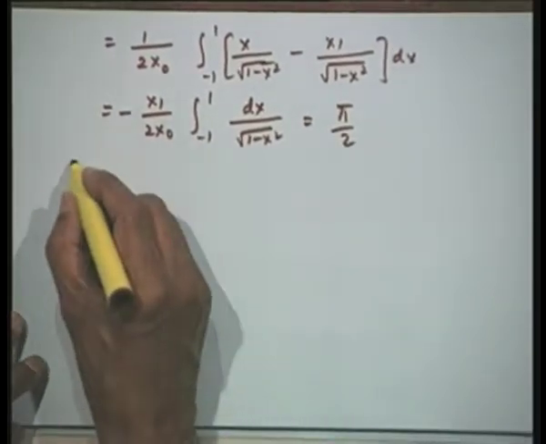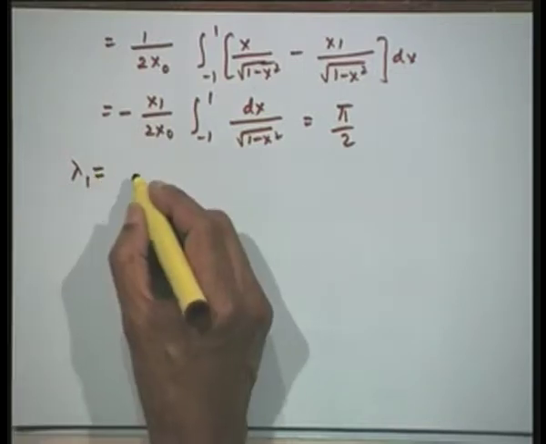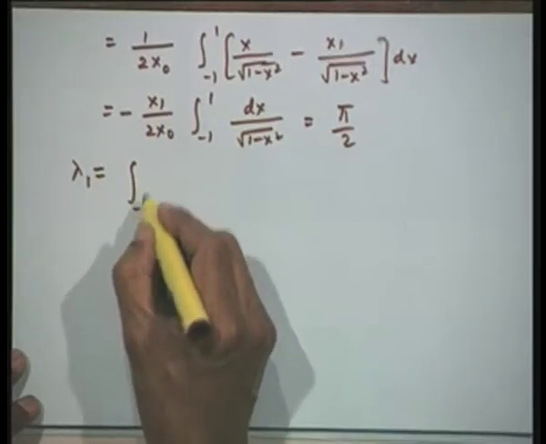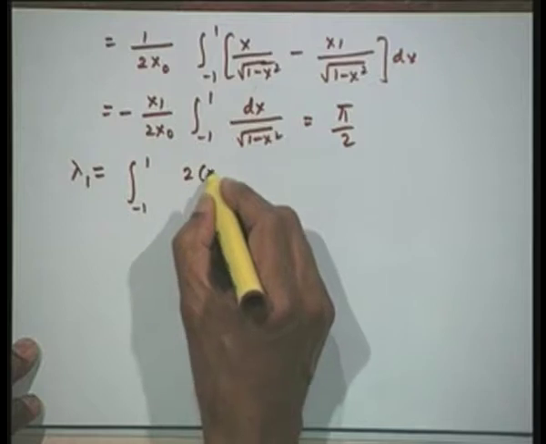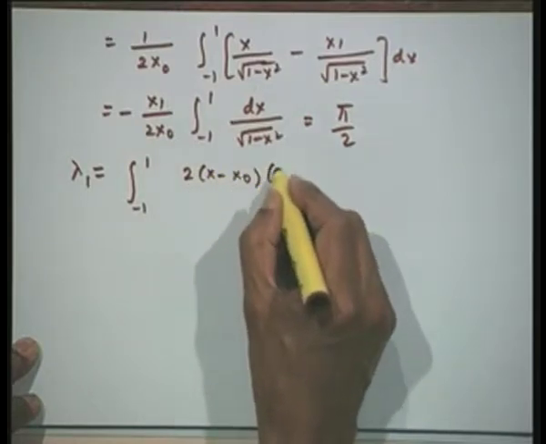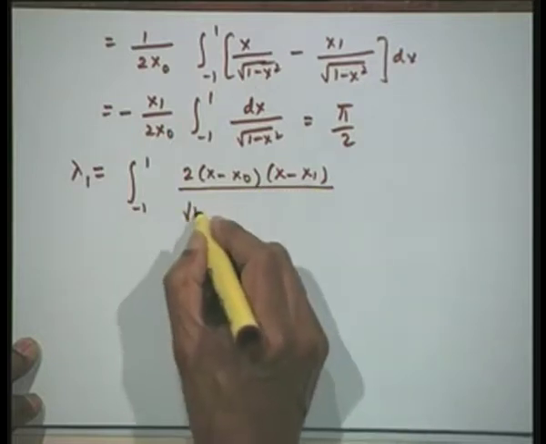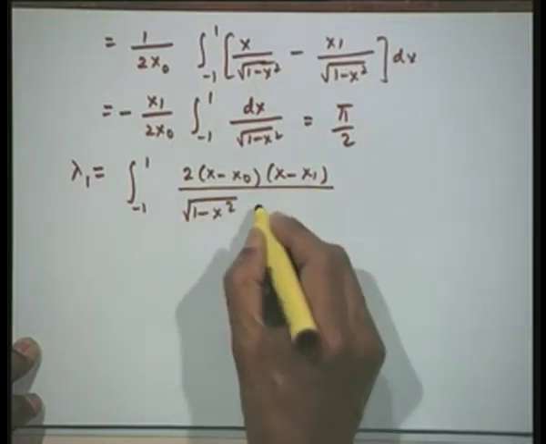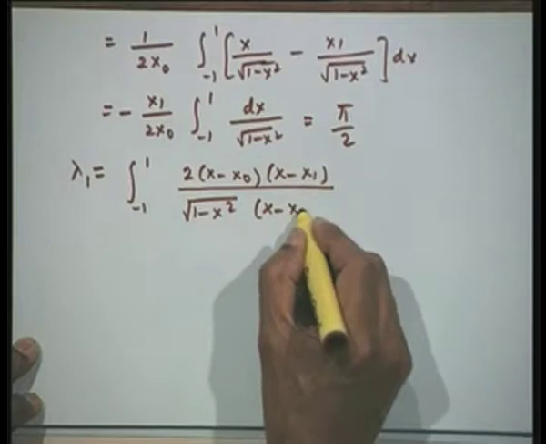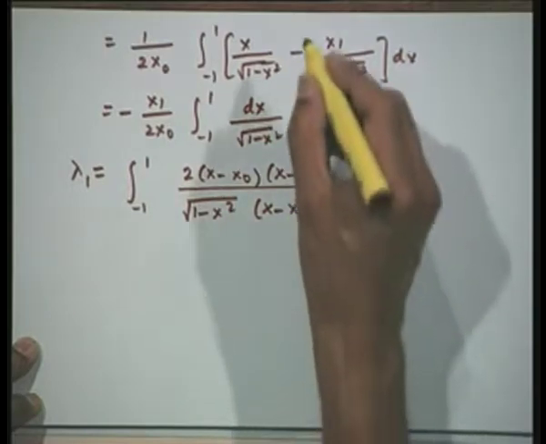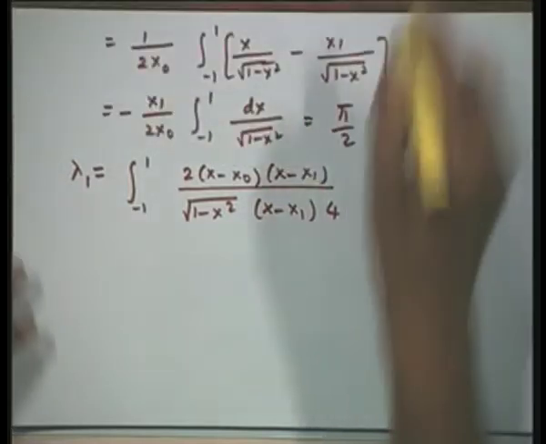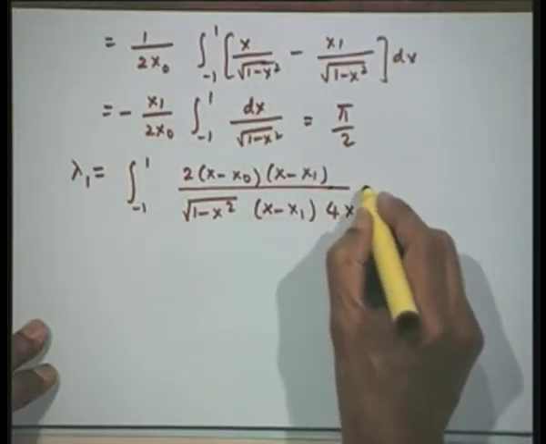Now, let us go to the next value, lambda 1. Lambda 1 gives us minus 1 to 1, 2 times x minus x naught, x minus x 1, the weight function under root 1 minus x squared, the factor x minus x 1 into t 2 prime, which is again 4 times x at x 1, that is 4 times x 1, dx.